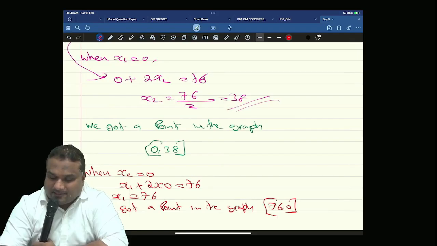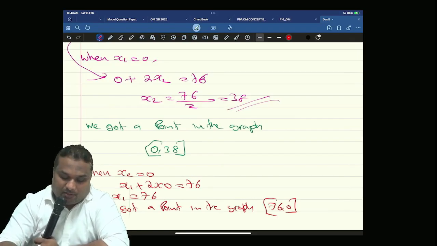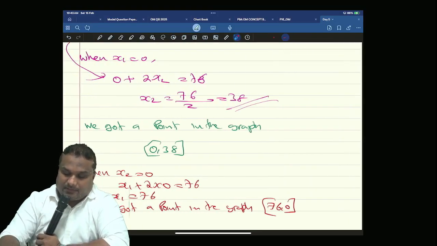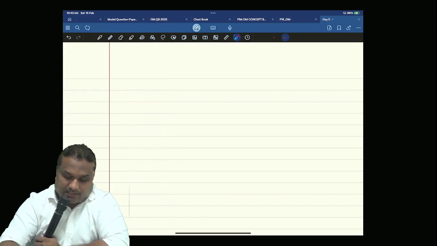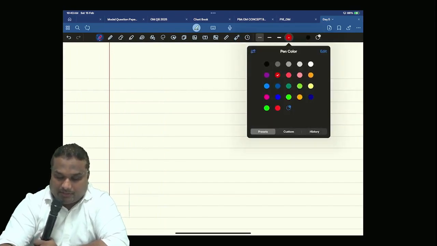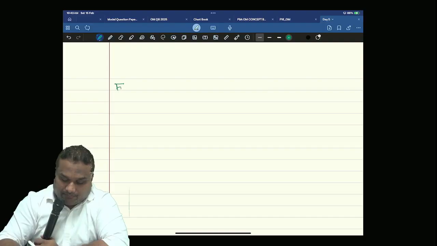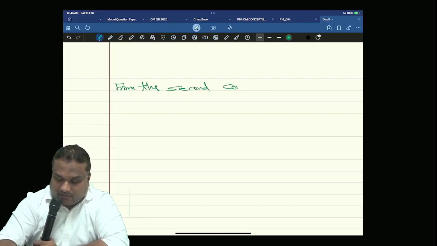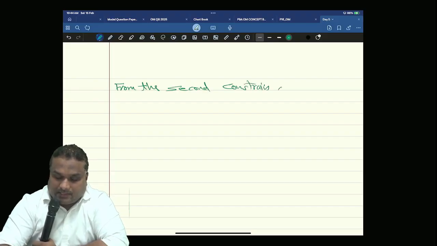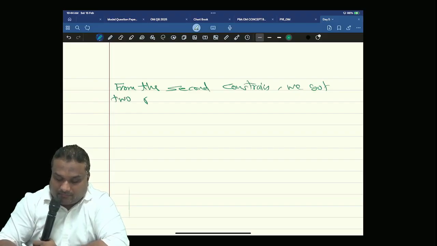Happy? Okay. Now, from the second constraint, we got 2 points in the graph. How many points did we get? Write it down.